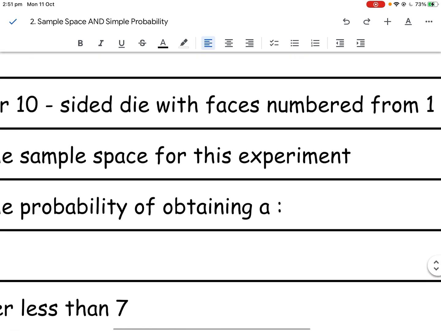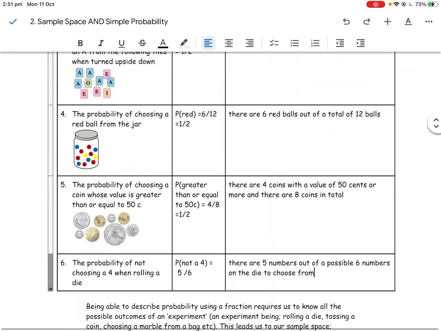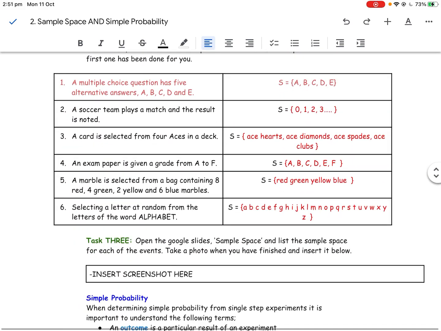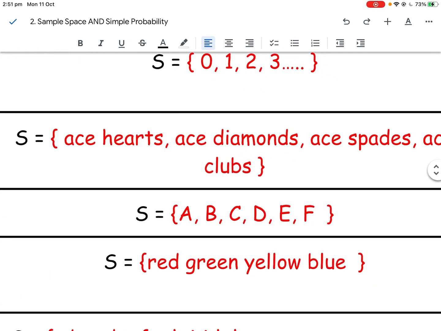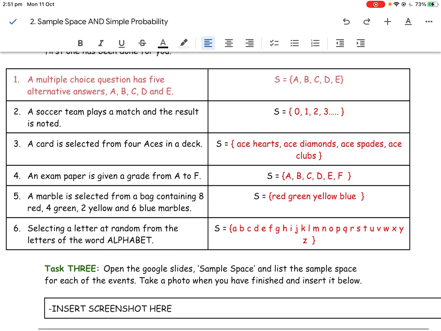So they're all the aces. Let me make that smaller again. I've done that, haven't I? Sorry about that. Okay, so you'll notice the answers. Ace of hearts, ace of diamonds, ace of spades, ace of clubs. So they're all the possible aces that you could get, because it says a card is selected from 4 aces. So they're the only 4 cards that you're actually holding.